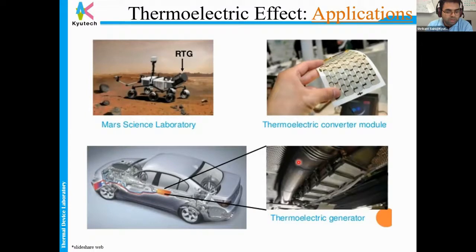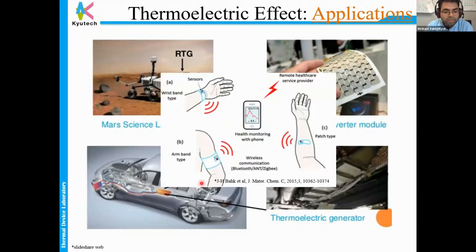You can stick it there and get energy from it. So many different applications are possible with this kind of material. Recently it can also help in the health sector, where you need an energy source that you can stick on your body to monitor things. These are some of the things you can do with this energy source. If you see, any material which you heat can produce an induced voltage.